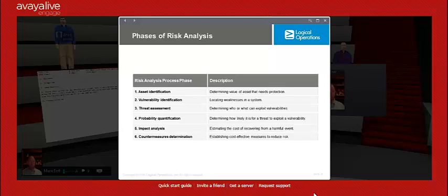So this is a pretty important phase in the whole risk analysis process: formally identifying and prioritizing your assets and assigning a value to those assets. Because once you've got a value assigned, then as you'll see, you've got some numbers to plug into the math so that you can perform your analyses. Okay, so identify your assets.